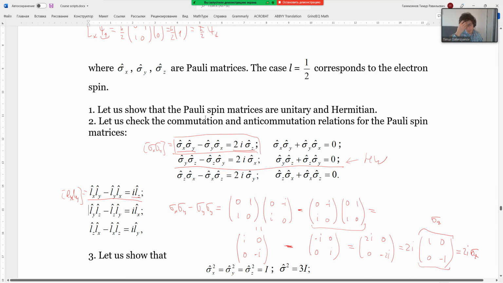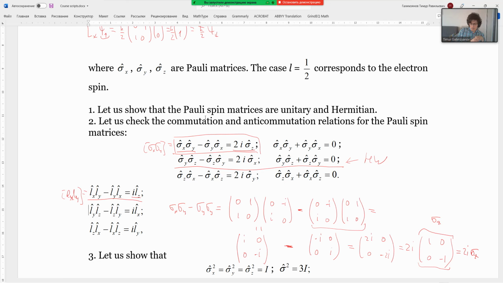So that's all for today. So we have spoken about the angular momentum. We have shown yesterday and today that the projection of the angular momentum on each axis can be only an integer number. So if we measure the projection of the angular momentum on some axis, we always will get a discrete spectrum.